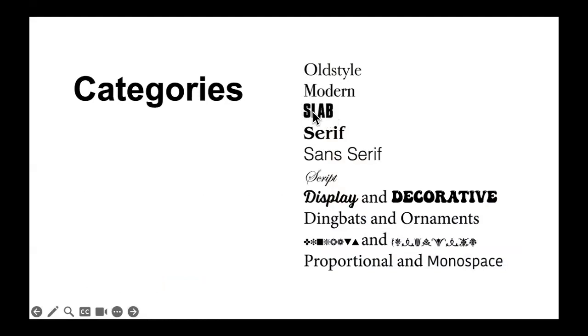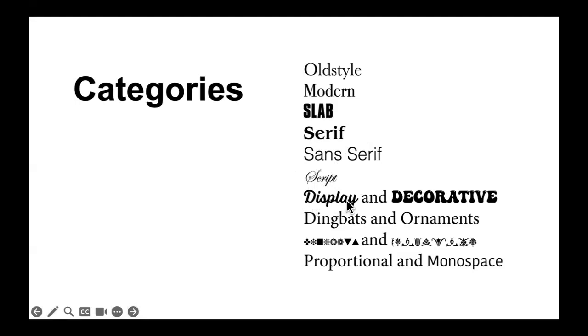It's just a big hunk of type. It's really bold and really thick. This is a pretty modern serif. And then we have the sans serif. We have the script. Probably this is Edwardian, because it's such a classic script type.